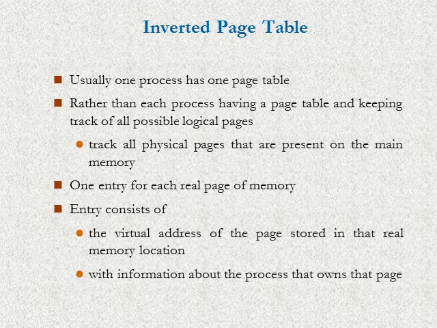So to address this issue, we have inverted page tables, where instead of storing page to frame translation, we look for the presence of actual pages that are present in the main memory. And against those actual pages, we have those frames associated, and we have a valid-invalid bit to identify which of the pages are present in the main memory.